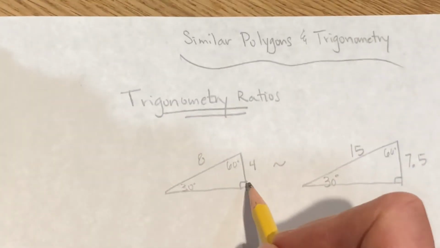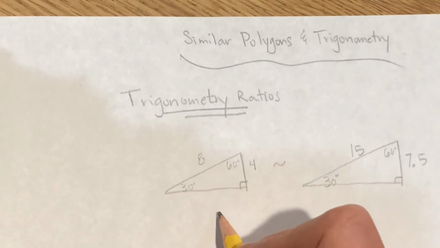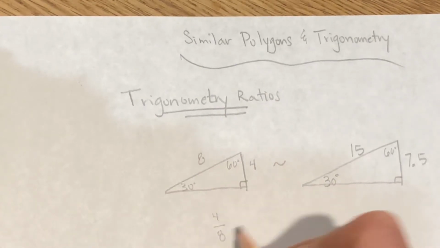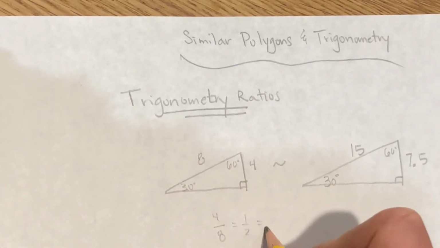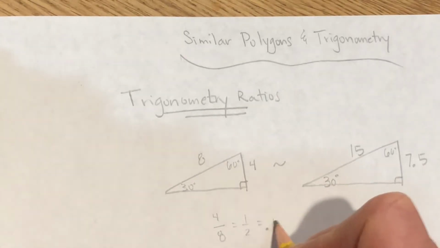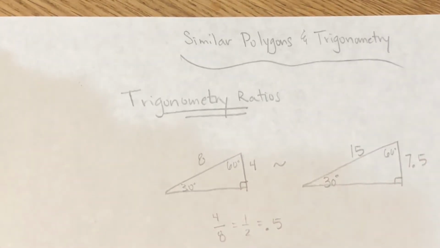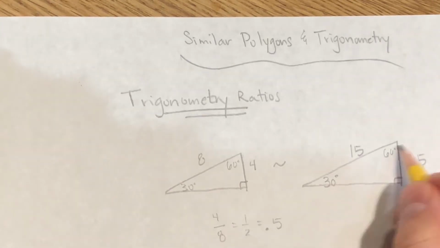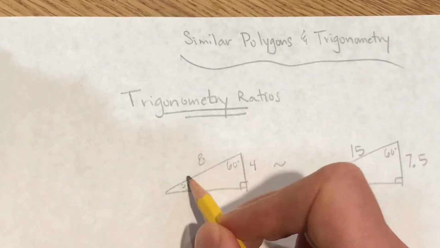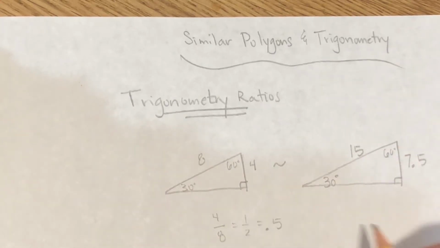So if I set up a ratio of this side length over this side length, 4/8, that would reduce to 1/2, or the decimal equivalent, 0.5. Well, do the same thing over here. Take the exact same combination of side lengths to make a ratio. I did 4/8, so following that pattern, 7.5/15.